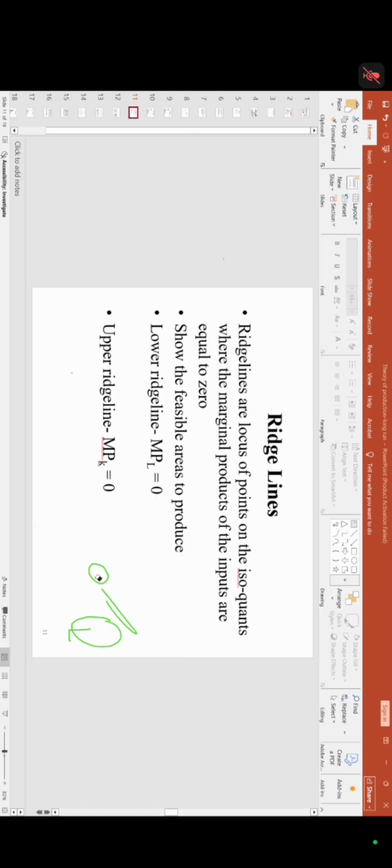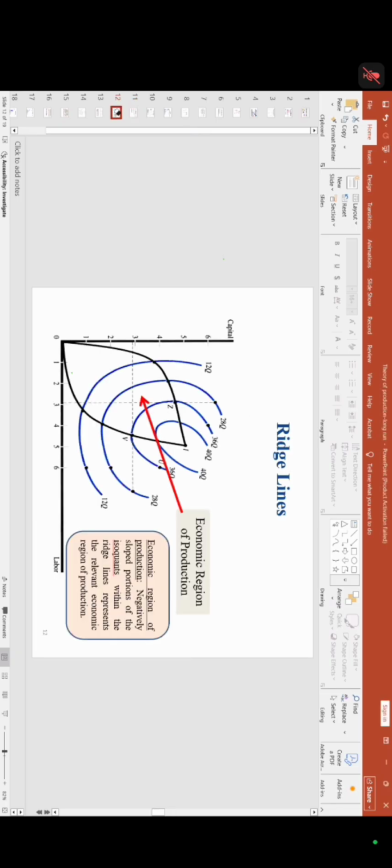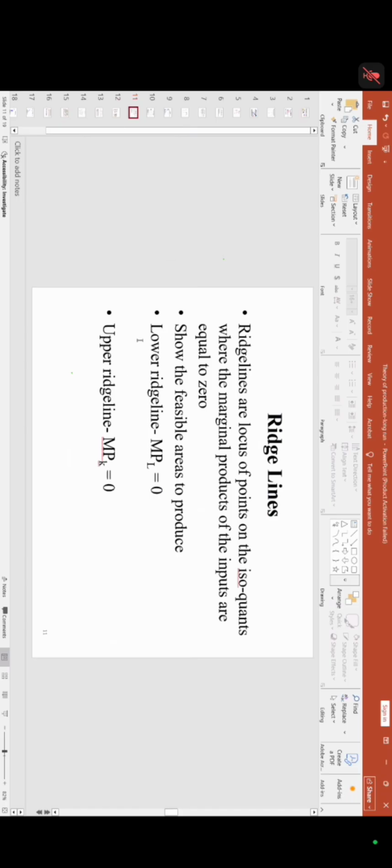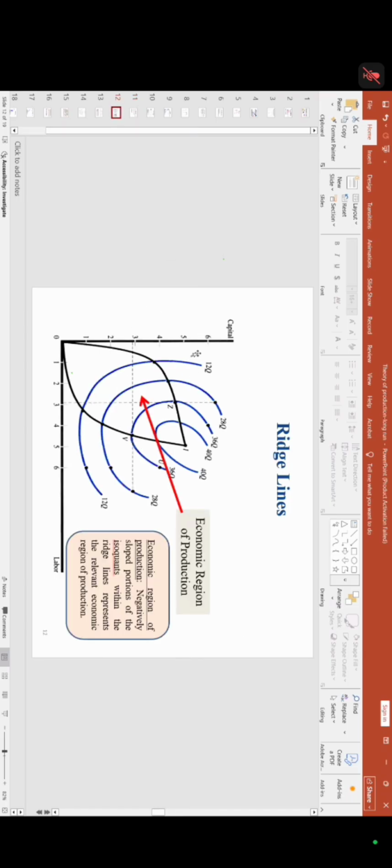Okay, yes, it is like this. So you need to know the lower ridge line and the upper ridge line. This upper ridge line is this. Why do you say this upper ridge line is 0?